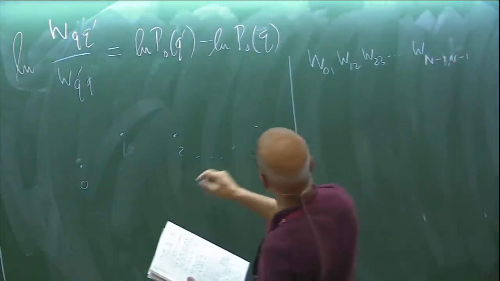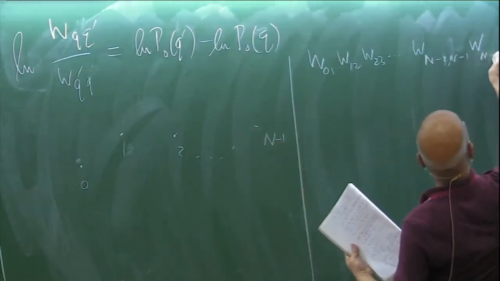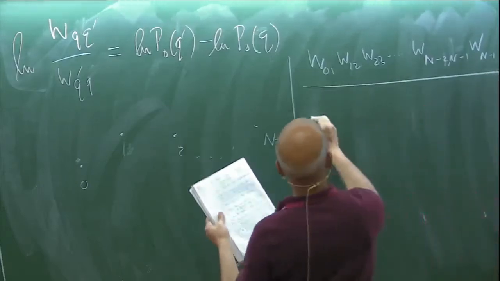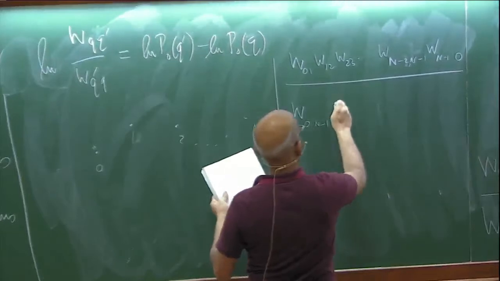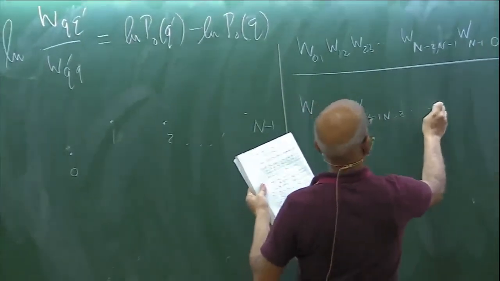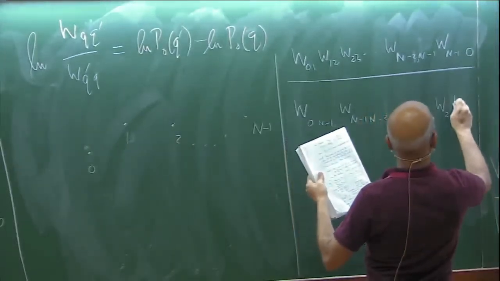So let's say this is 0 to n minus 1. There are n configurations. And let's divide it by the reverse: W10.